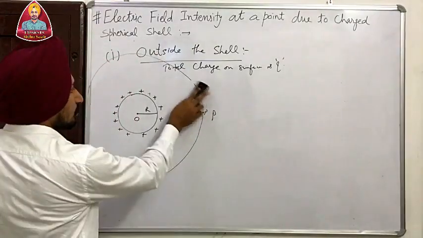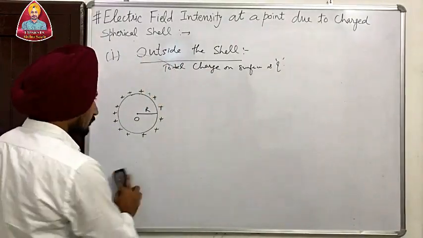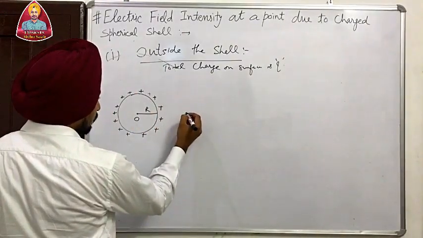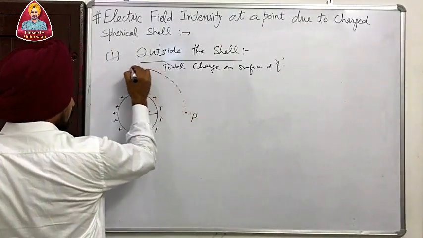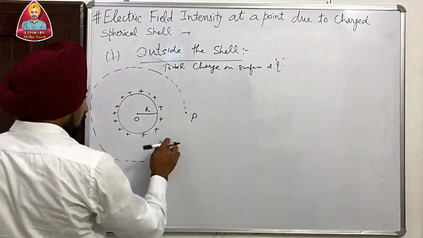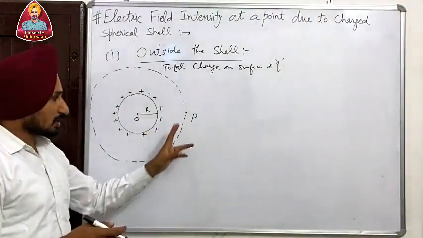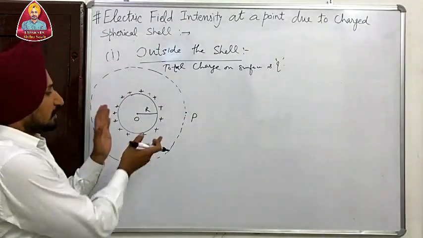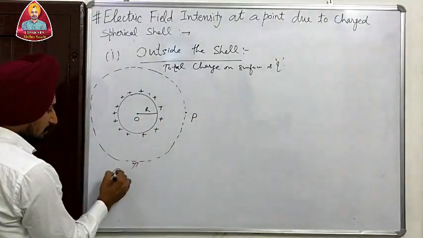Now this is the Gaussian surface passing through the point P where we want to find the electric field intensity due to this spherical shell.